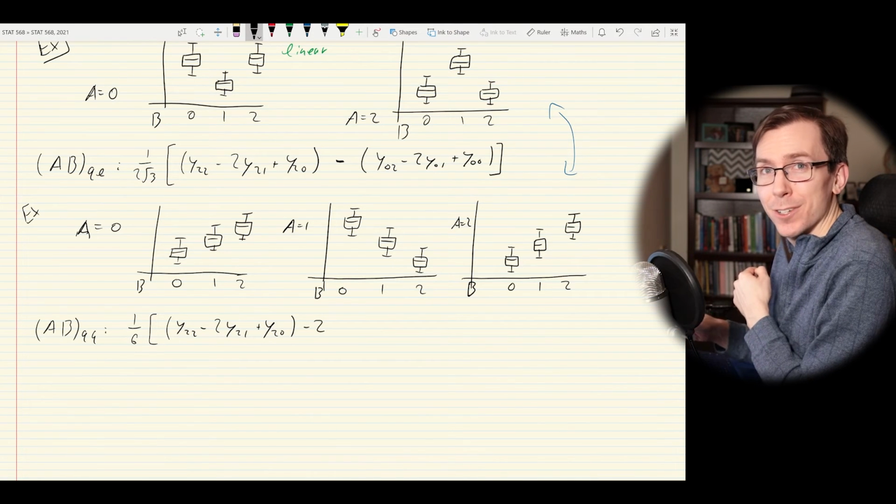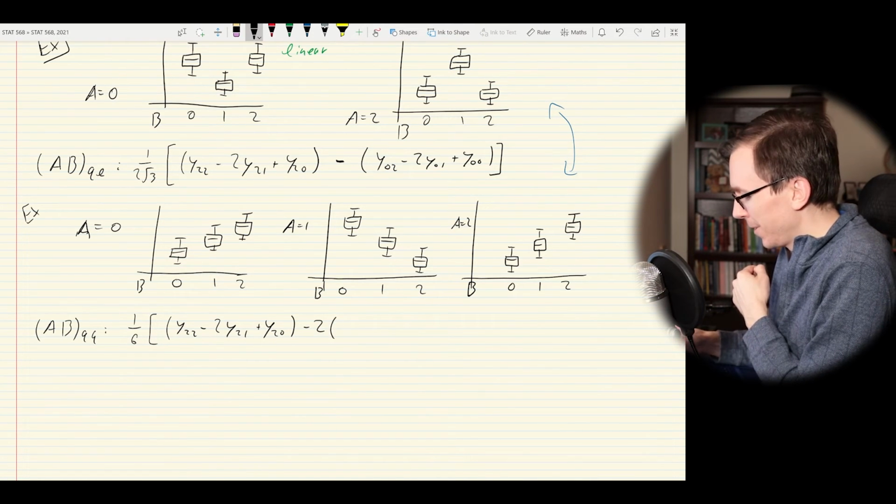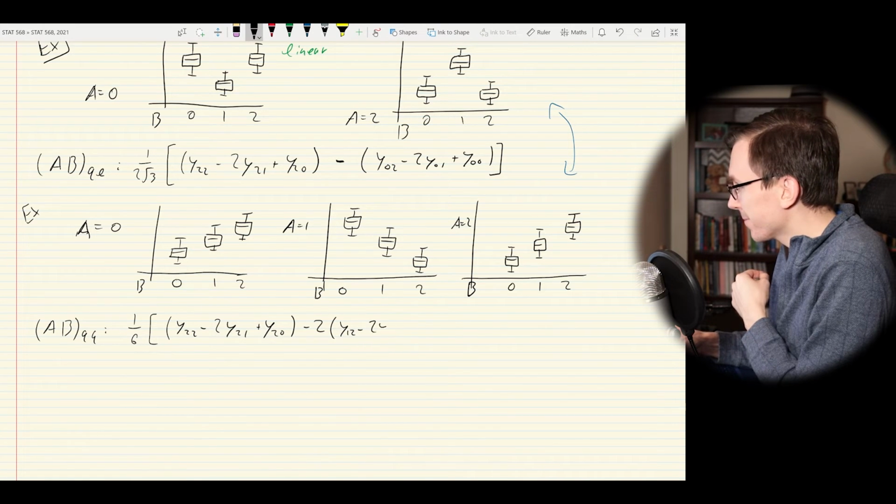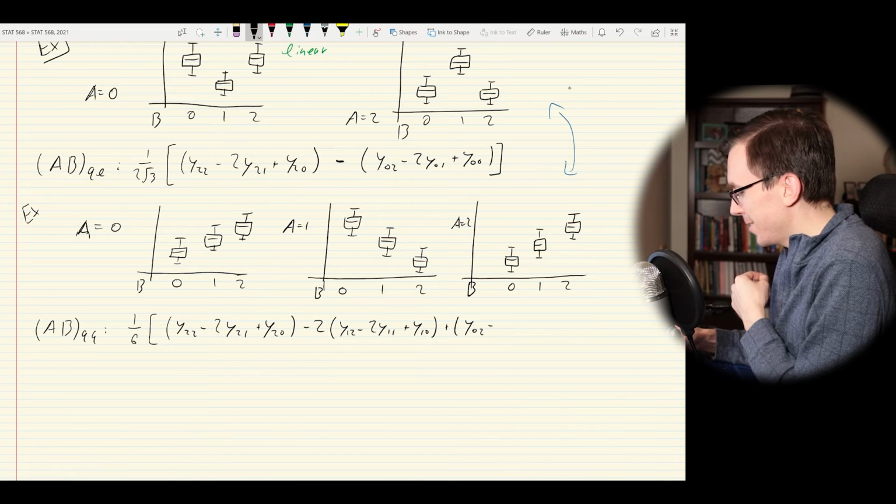We're going to have a 2 here for the quadratic of the quadratic. Plus y, 1, 0. And the last term, y, 0, 2, minus 2y, 0, 1, plus y, 0, 0.